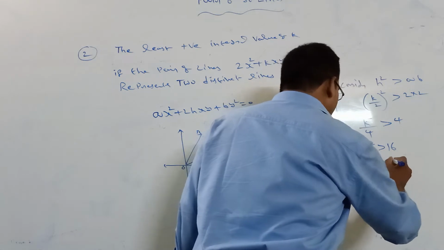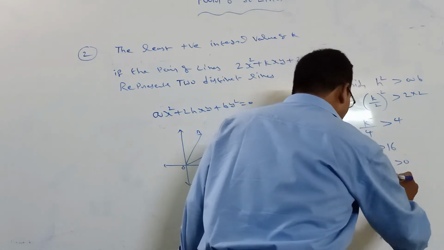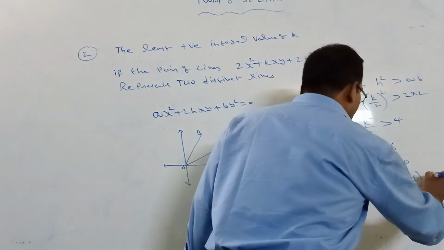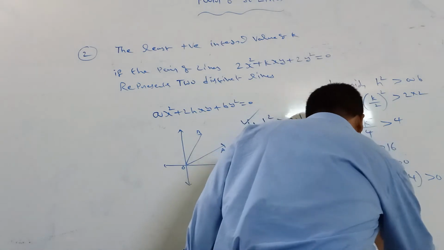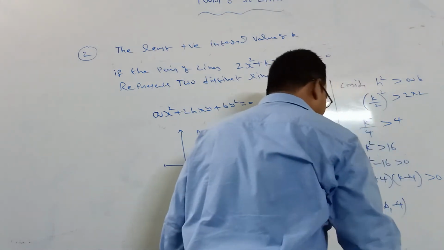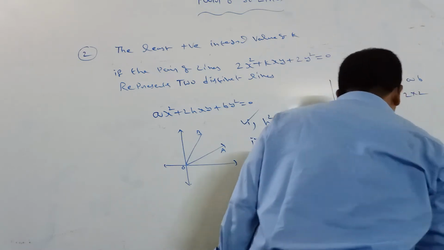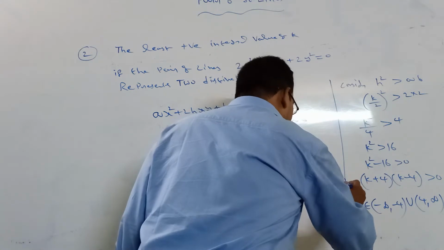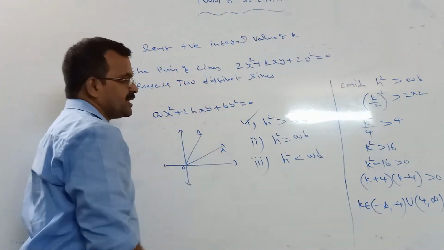So k square minus 16 greater than 0. Factorize: k plus 4 into k minus 4 greater than 0. According to quadratic inequality, k belongs to minus infinity comma minus 4 union 4 to infinity. So this is the range of k for which the pair of lines represents two distinct lines.